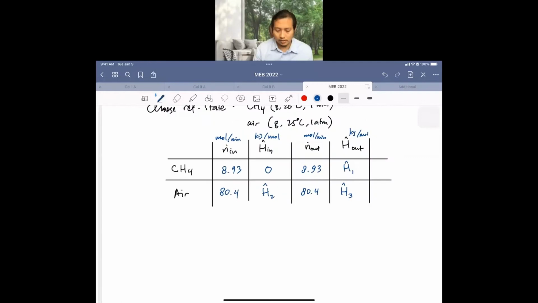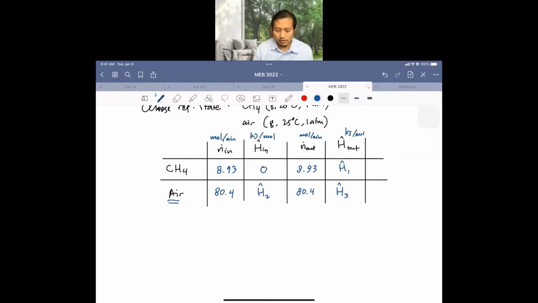Because we have air, we could check table B8 for air, for the specific enthalpy. I just write in general, so you could check the enthalpy, especially for the H2 and H3.